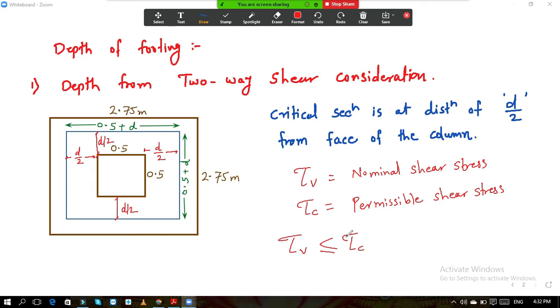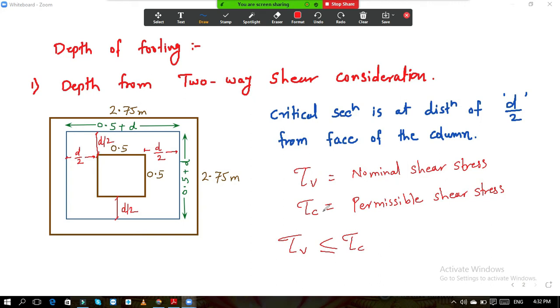This is the condition. If your tau v, your nominal shear stress, is increased, that is the shear stress in this column-footing junction or in this member is increased, then you need to provide the stirrups. You need to provide the shear reinforcement.